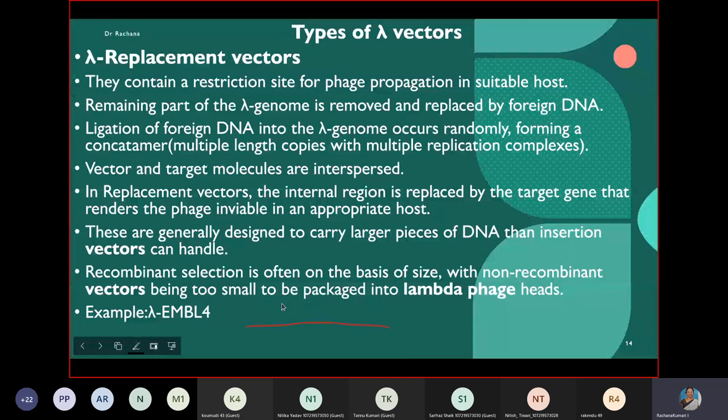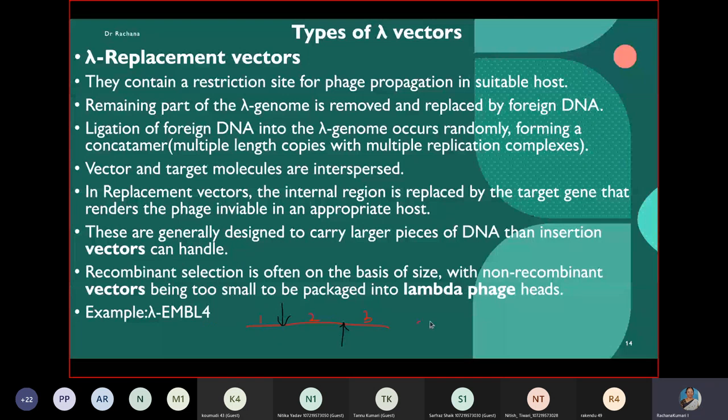What I just said: there is one target site here and another one here. So these are the two places where we have the recognition sites for the restriction enzyme. As a result, we generate three fragments. This is 1, this is 2, and this is 3.